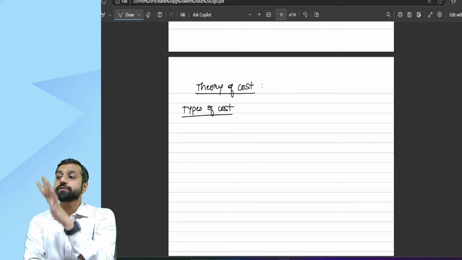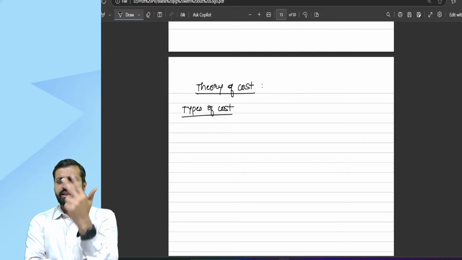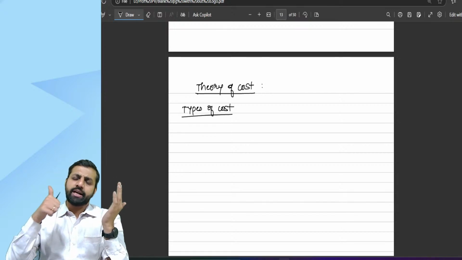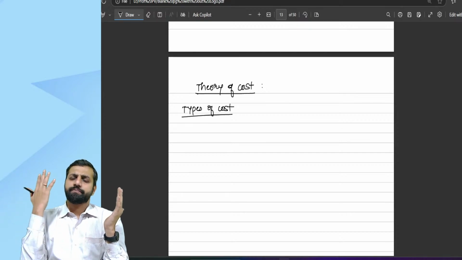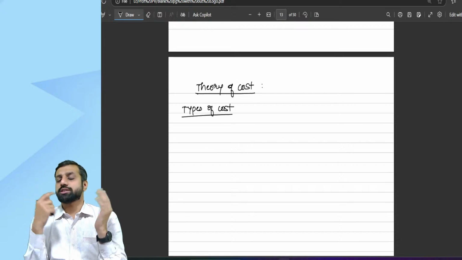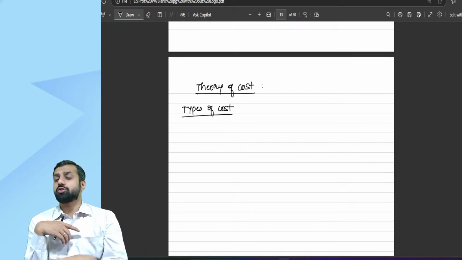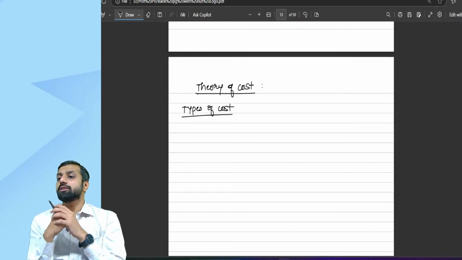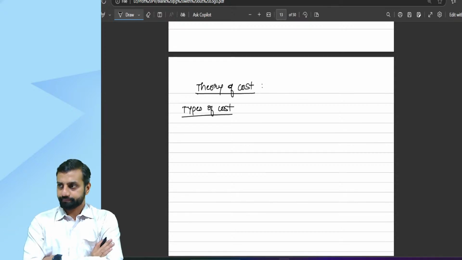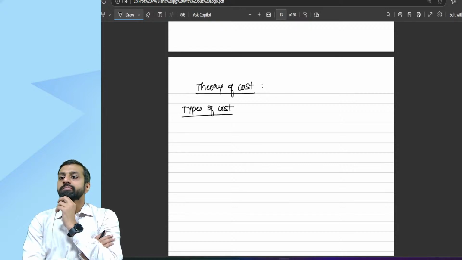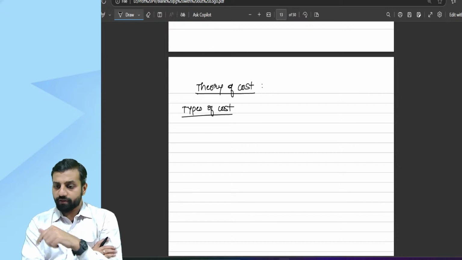There are more than 14 to 15 types: historical costs, replacement costs, private costs, social costs, fixed cost, variable cost, semi-variable costs. Do you want me to repeat any of the types of cost? Do let me know in the chat box if there is a need to revise types of cost.